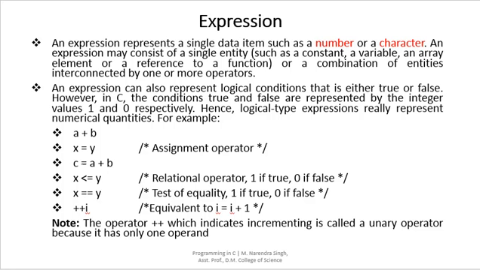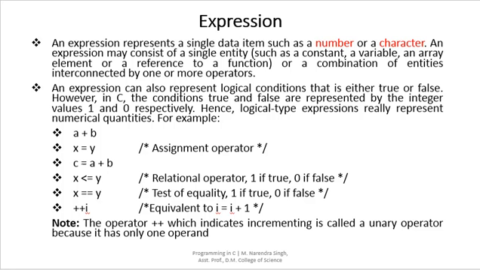Similarly, x <= y is an expression consisting of two data items x and y interconnected by the relational operator less than or equal to. Its value can be evaluated to be either 1 or 0: 1 in case it is true and 0 in case it is false. Similarly, x == y is an expression consisting of two data items interconnected by the double equal to sign.